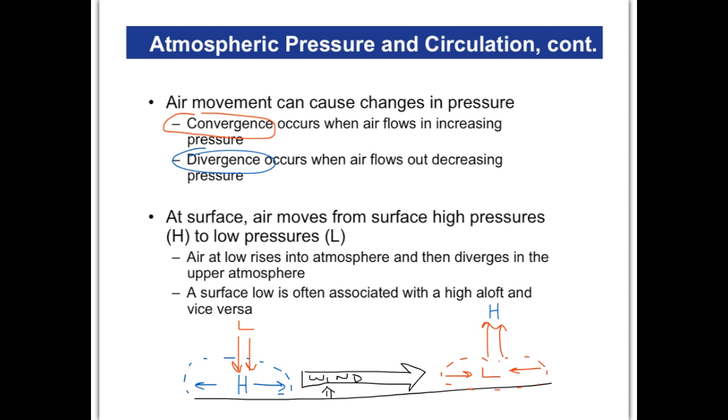So really what's happening is we have sort of a 3D model going on where it shows us how circulation takes place. Air moves from high to low. This low air coming together causes high air pressure above it.